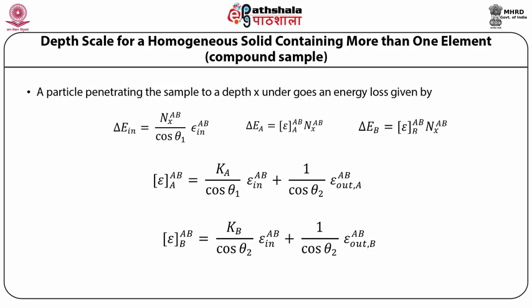Second, when the probing particles with energy E are scattered at a specific depth within the sample, the value of the kinematic factor K and the scattering cross-section sigma will depend on the particular mass, which is the atomic number, of the atom they strike.